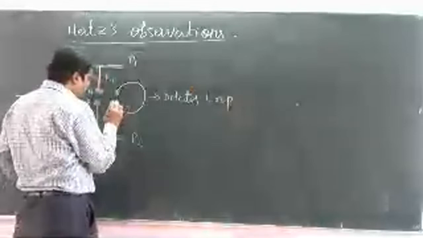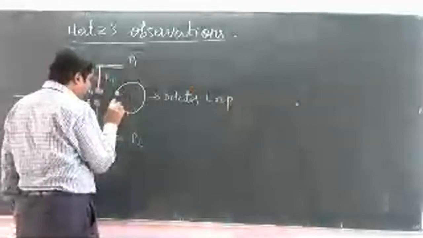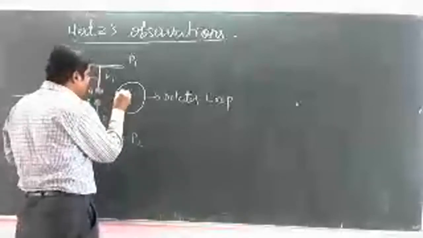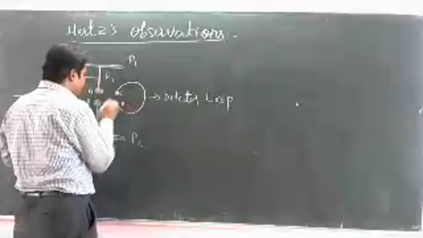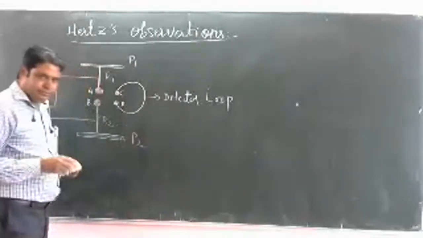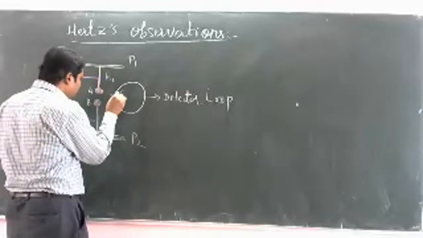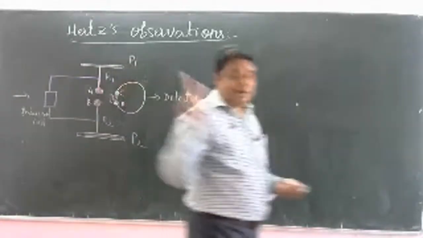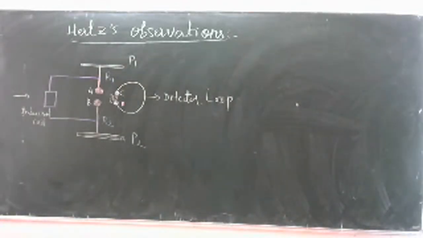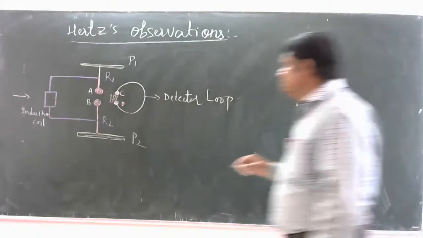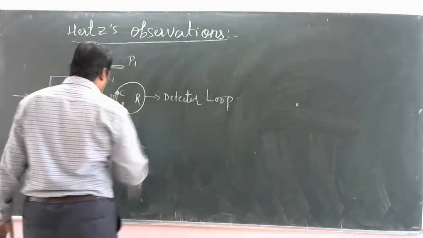Here too we have some small metal balls, very nicely polished, called C and D. In this arrangement, we observe sparks.